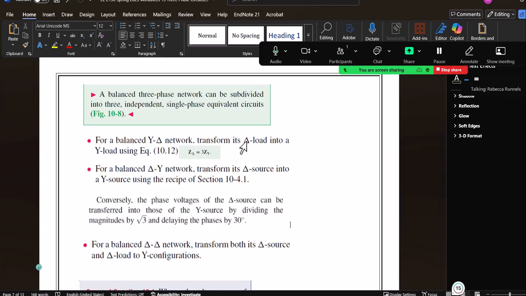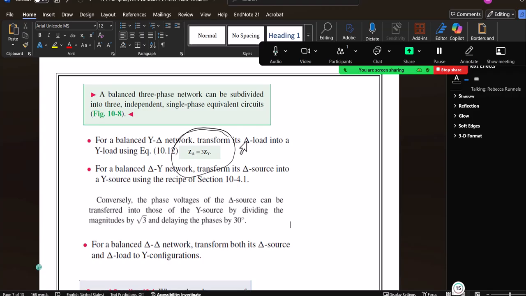And the way you do it is, if you have a YY, you're good to go. If you have Y delta, you change the delta load to a Y load using Z delta equals 3ZY.